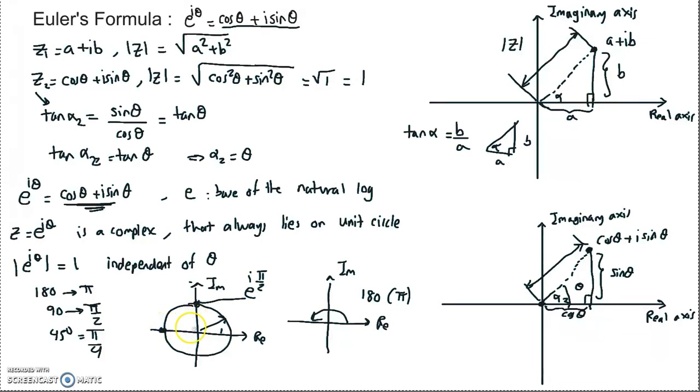This number here along the real axis would be equal to e to the i pi. And the point here in which the complex number makes an angle of 45 degrees, that point would be e to the i pi over 4.